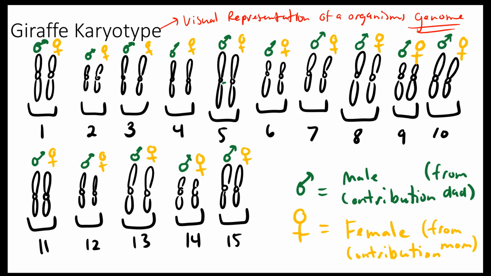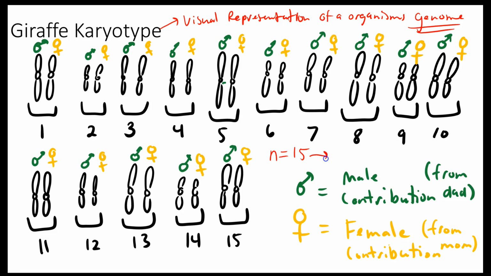Before we said that for a giraffe, n equals 15. That is the number of chromosomes you see in, for example, an egg or a sperm. If you bring together an egg and a sperm, which each have an n, you're going to be looking at a 2n number, which equals 30. So I've given you a visual representation of all 30 chromosomes.